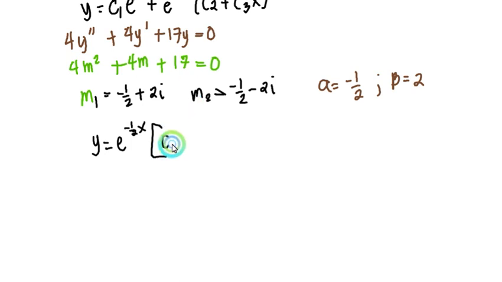Okay, so C1 lang muna di sa sulod. We have your cosine B. So that is cosine 2x plus C2. Then we have your sine 2x.